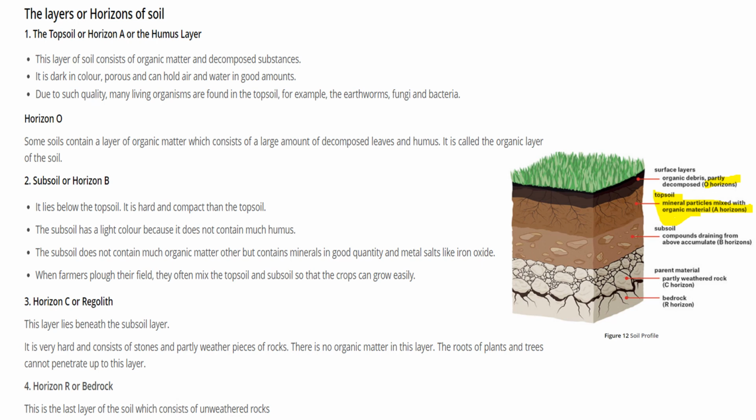And next is the subsoil or horizon B. It lies below the topsoil. So this is your subsoil or horizon B. The subsoil is light in color because it does not contain much humus or any organic matter, but it contains minerals in good quantity and metal salts like iron oxide.